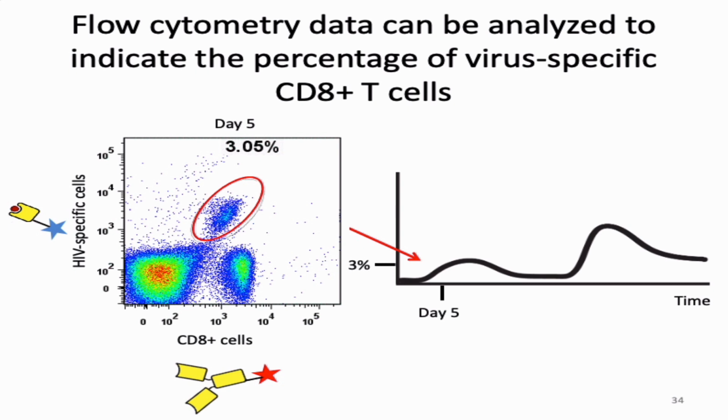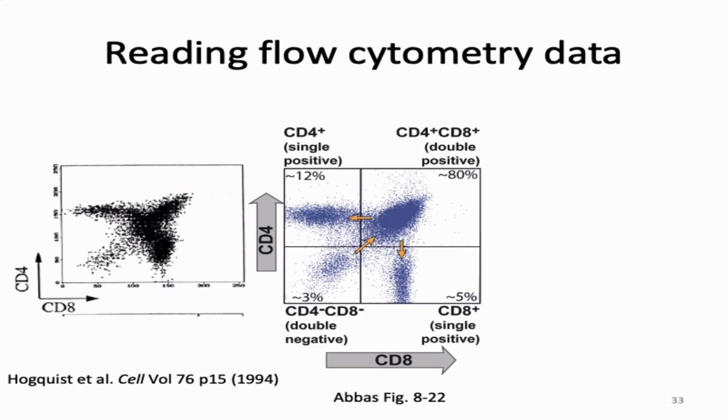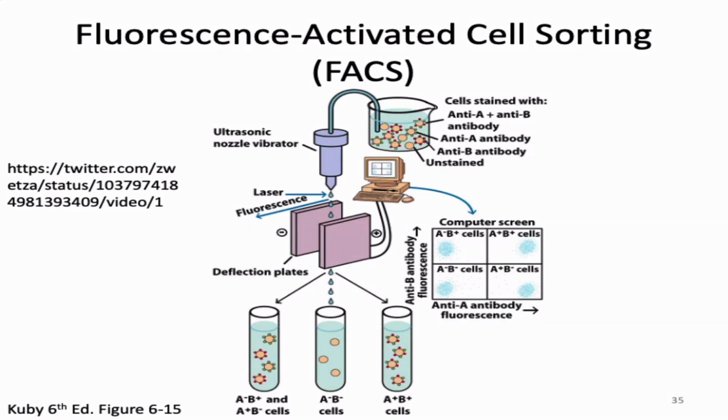So this is the kind of flow cytometer we have. It lets us do analysis of our cells, but there is a modification of this, and this modification is known as fluorescence activated cell sorting, or FACS.